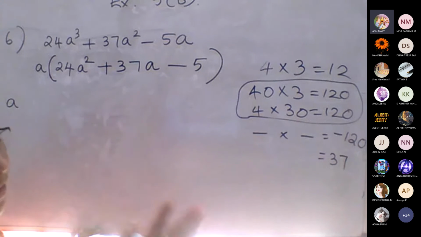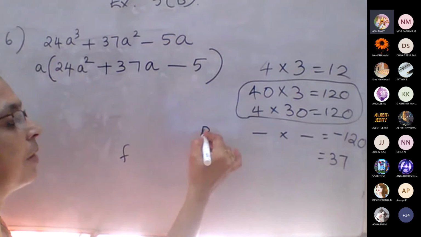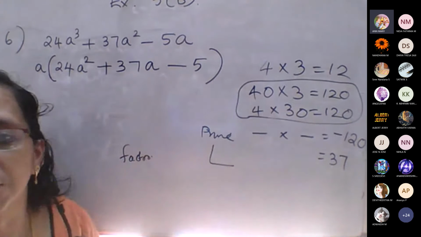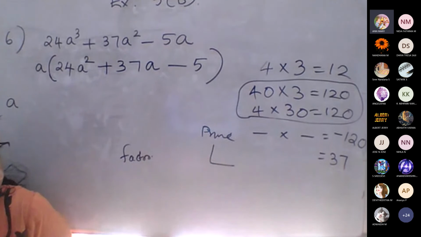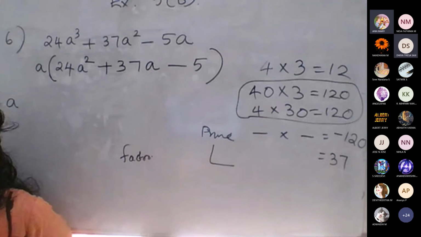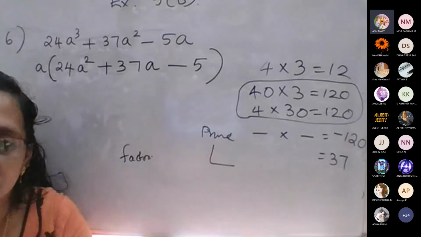Factors, then prime factors, then rough calculation. Has anyone done prime factorization? We can do any method. We need only the splitting into those two numbers.